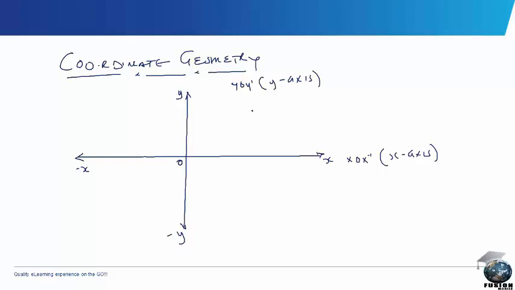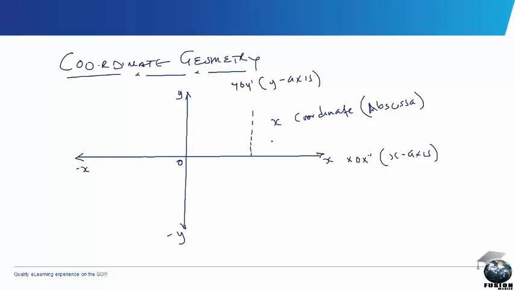We call this the x-coordinate, or you can call it the abscissa.